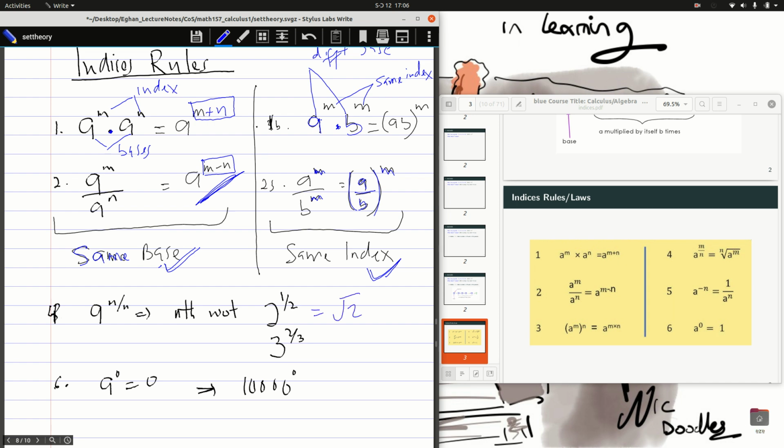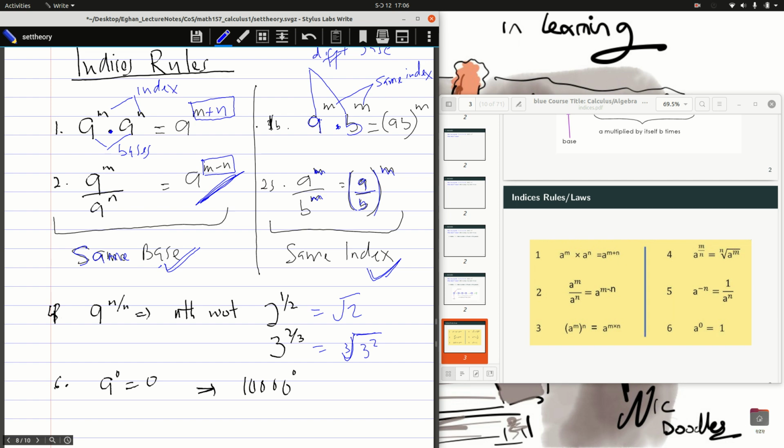It's the nth root. So it means the root here is 2, and the numerator is 1. So this means I have 3 squared with the root of 3, or cubic root of 3 squared, and that is it.